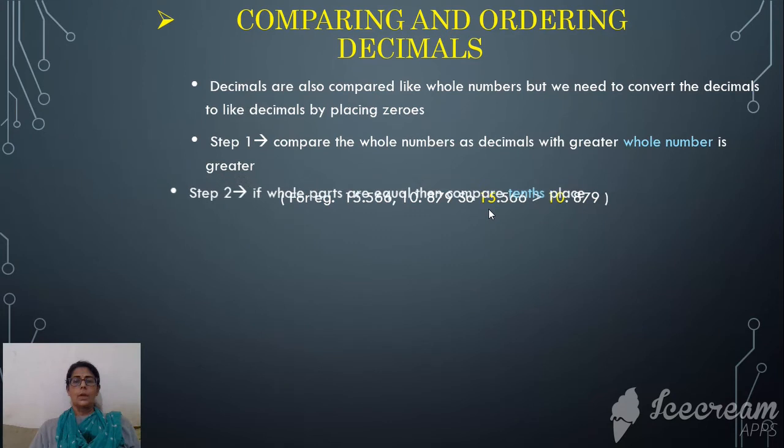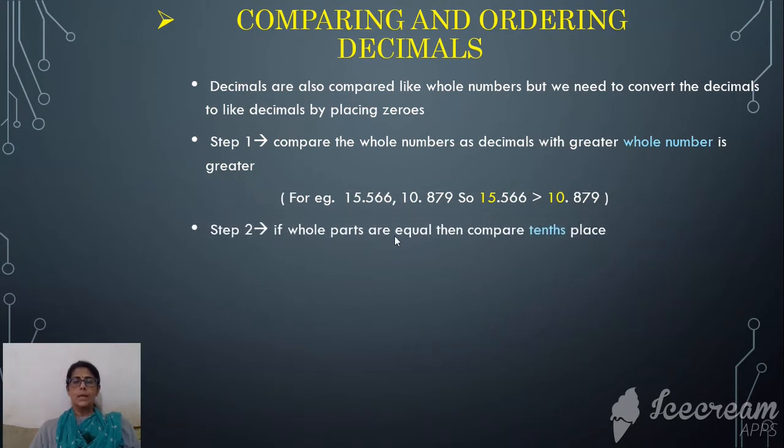Now if the whole parts are equal, then we have to compare the tenths place. If the whole parts are equal, we have to compare the tenths place. See, one example I have given you here. 6.950 and 6.894. Here you can check in both numbers the whole number is 6, right?